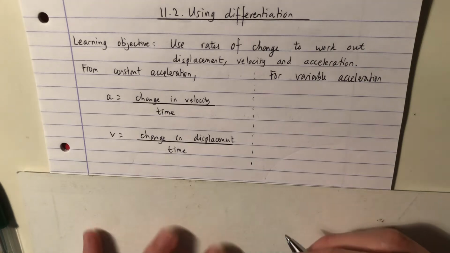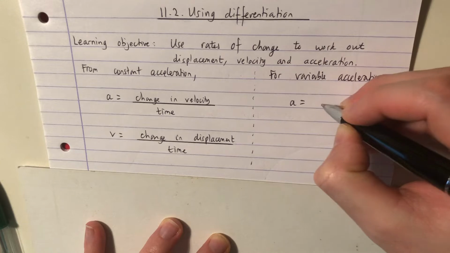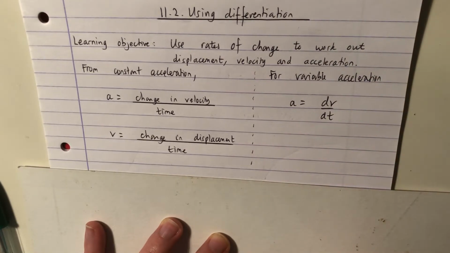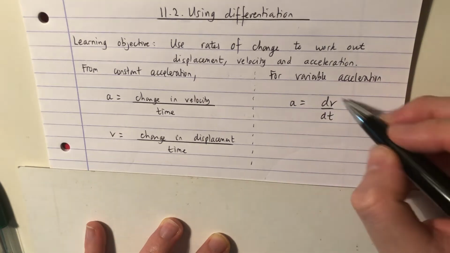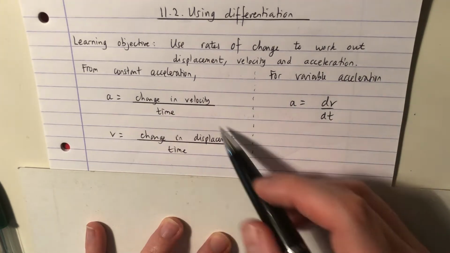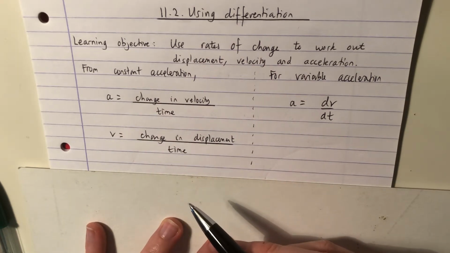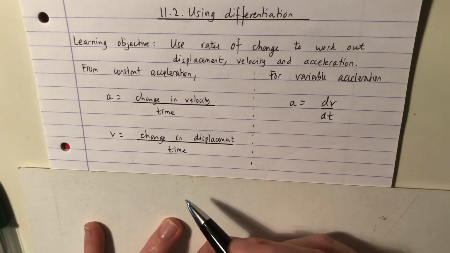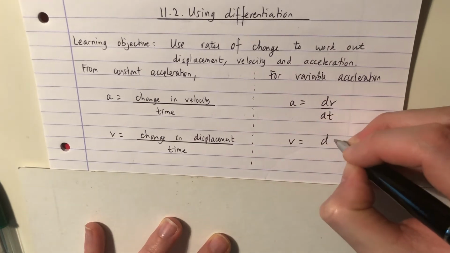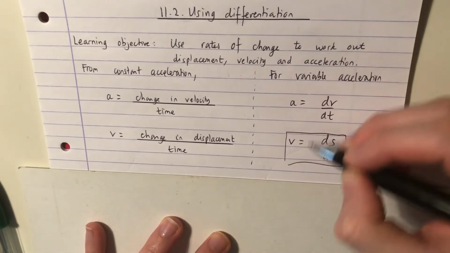So the equivalence now for curves and for variable acceleration is a is differentiate with respect to time, dv by dt, the rate of change of velocity with respect to time. And you should know as well from previous chapters that the gradient of a displacement time graph is velocity. So velocity would be ds by dt. And you need to know both of these.